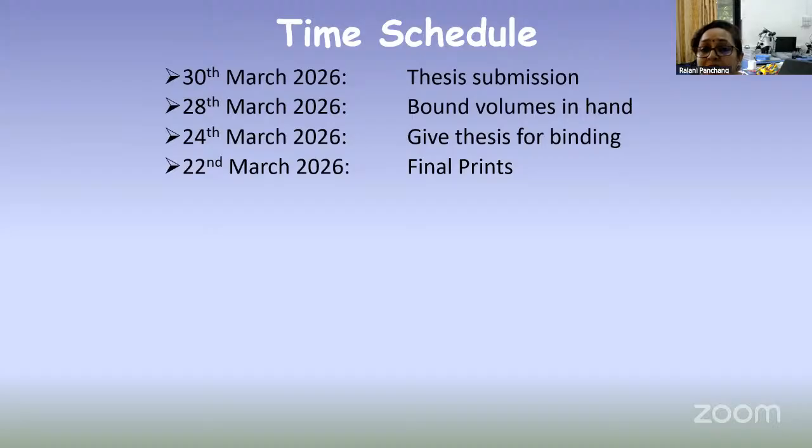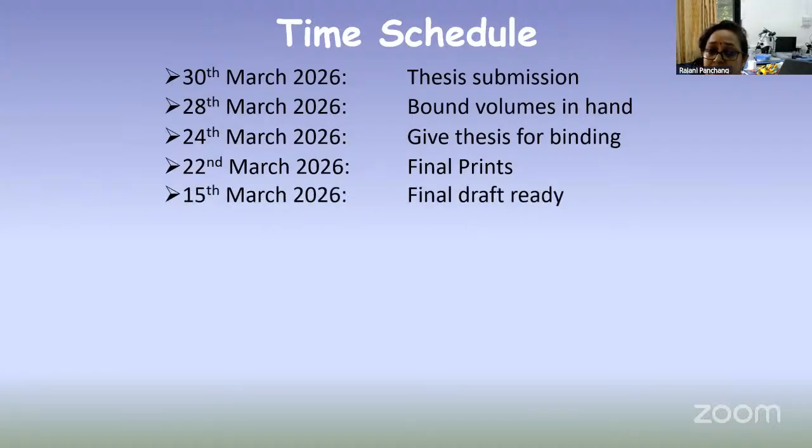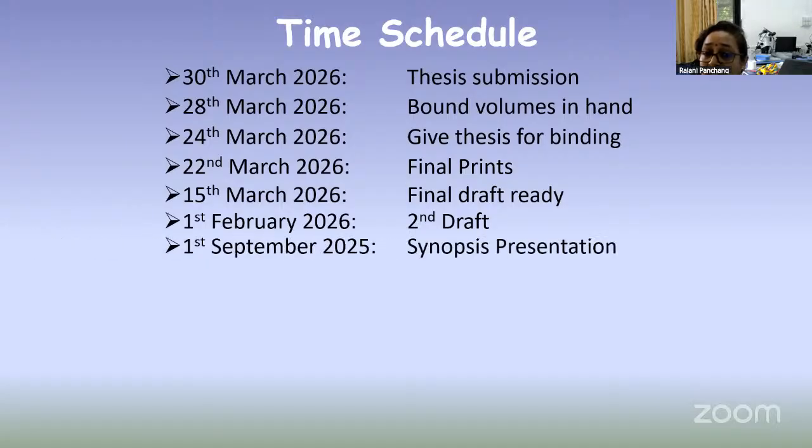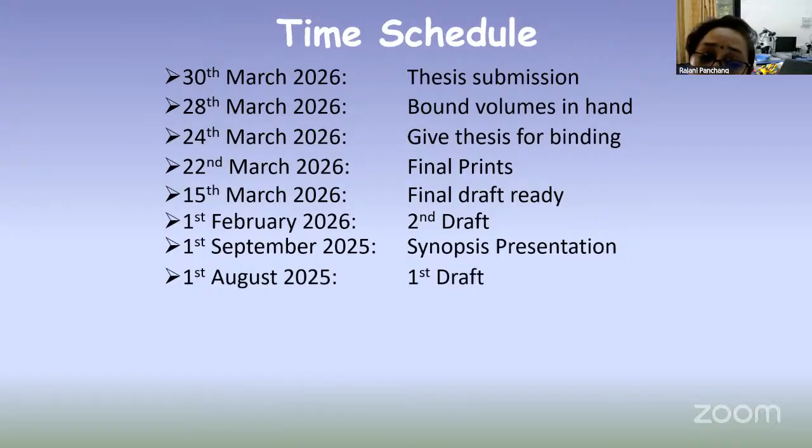I hope you're all seeing the slides. Final draft, 15th March. The second draft is already prepared. And can you see? Your first draft is ready before your synopsis presentation.